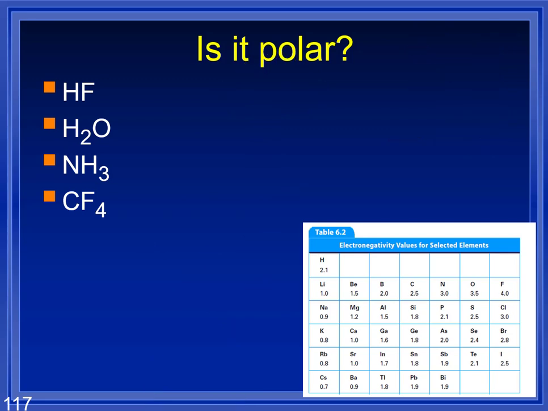CF4. So the first place we go is to draw the structure. Carbon has 4 dots. That looks like 4 places to hook on fluorine to me.